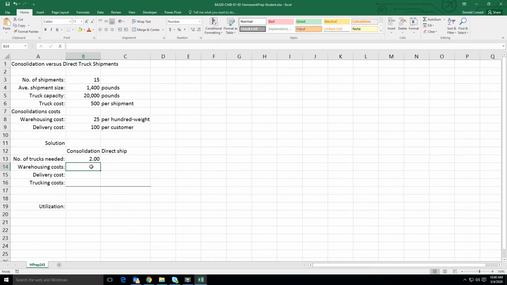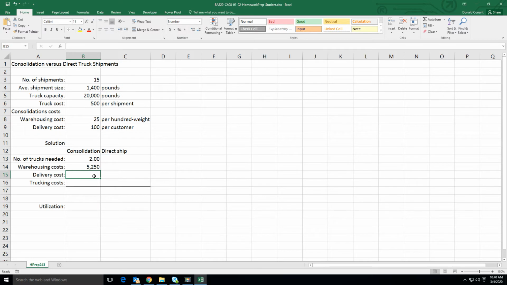So my warehousing costs are going to be the number of shipments times the weight on average for each shipment times the warehousing cost of $25 per hundredweight, and then I'll divide out the hundredweight, and that will give me the cost per pound.